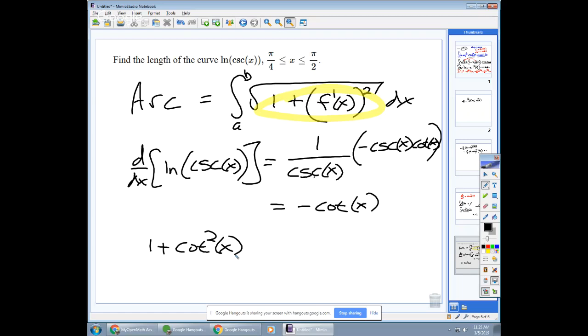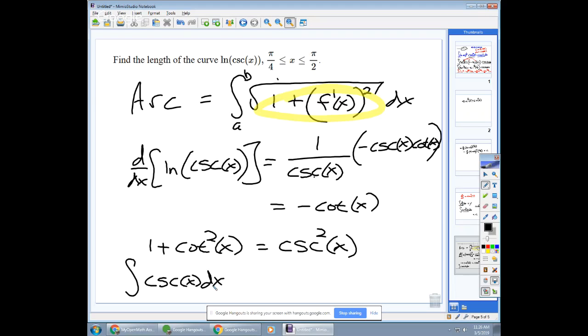It's equal to the cosecant squared, which is very exciting. And I need to take the square root of that, right? That's the next step in finding my arc length. So my integral boils down to the integral of the cosecant of x with respect to x.